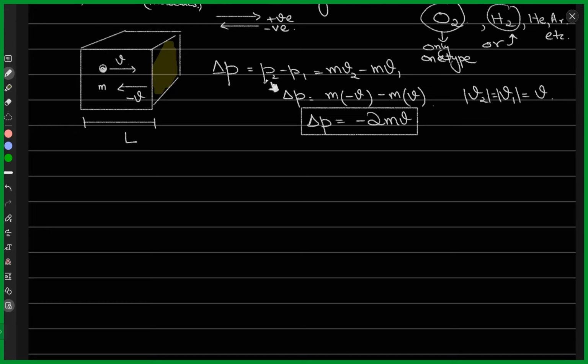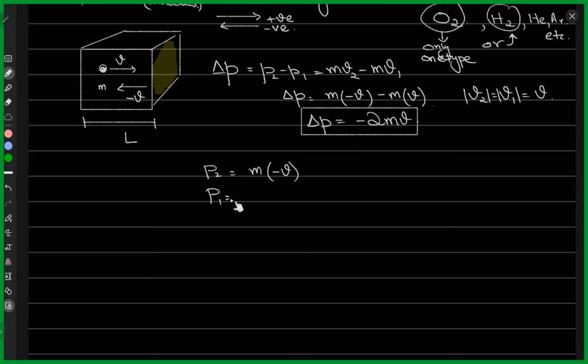Oh, right. Yes, exactly. So I'll just write this over here again. P2 minus P1, I'll write P2 and P1 separately. P2 is the momentum after it rebounds. So it would be the mass of the particle times the velocity, but because it's rebounding, it's moving to the left, so the velocity will have a negative sign. That's P2.